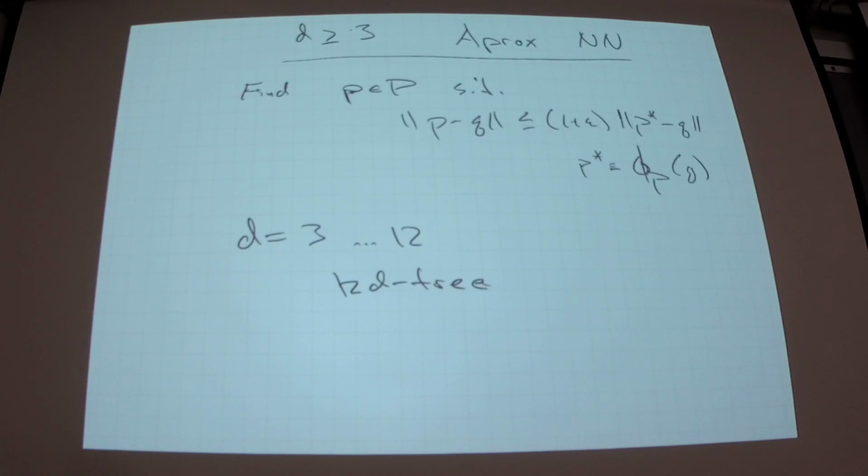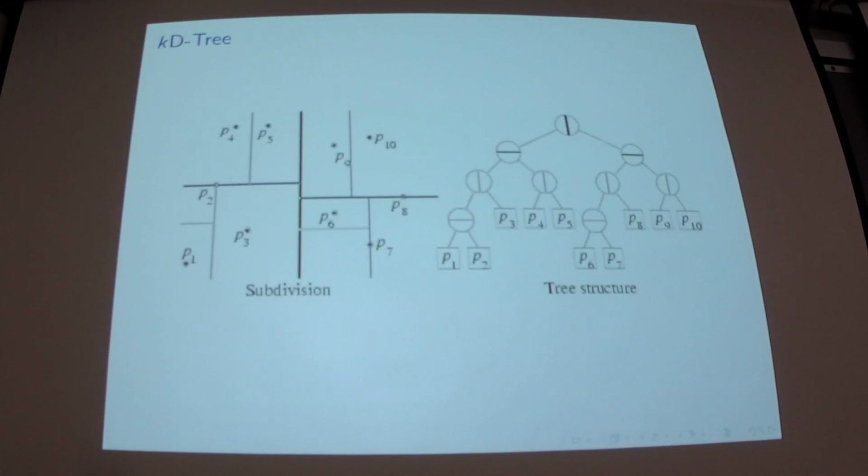There are other things as well. If you read a computational geometry book, you'll learn about quad trees, R trees, and range trees, which may have better theoretical guarantees, but in practice people often use variants of this KD tree.